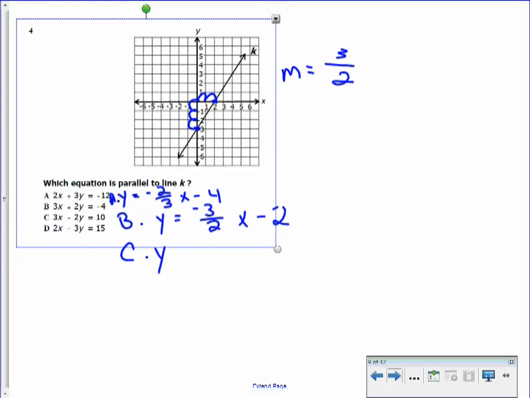C, I got y equals 3 halves x minus 5. So C is my answer. And D is actually 2/3 x. So not so good there. Questions on 4?